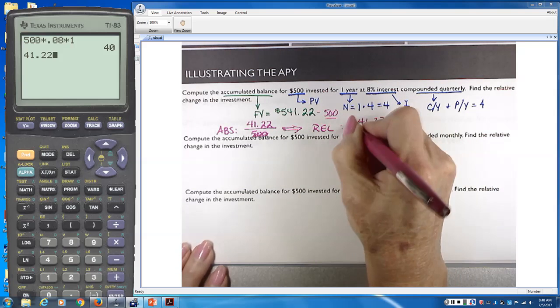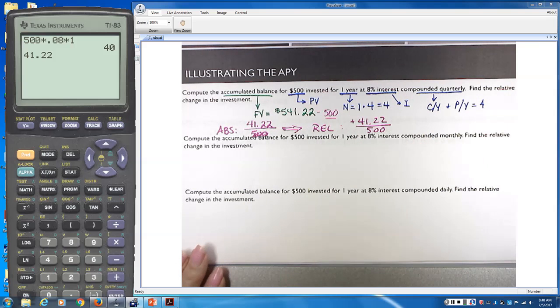And again, it's positive because we gained money. And that's why the 500 is going to be your relative. So 4122 divided by 500 is 0.08244.